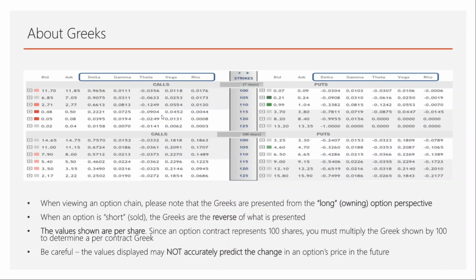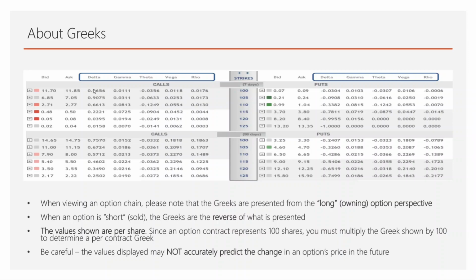How can we derive the Greeks for short call and short put? You just need to change the sign. If you see 0.9656 as the delta for long call, the delta for short call for the same strike will be minus 0.9656. Same goes for gamma, theta, vega and rho. Just change the sign.